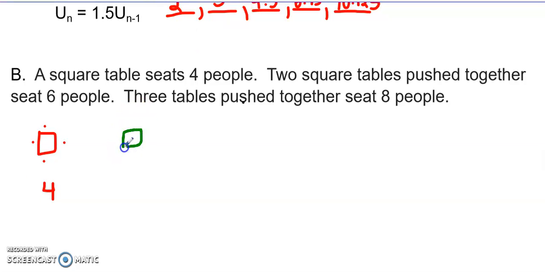If I have 2 tables pushed together, it's going to look like this. And I can seat 6 people. So my sequence says 4, 6, and then 3 tables pushed together seat 8 people.